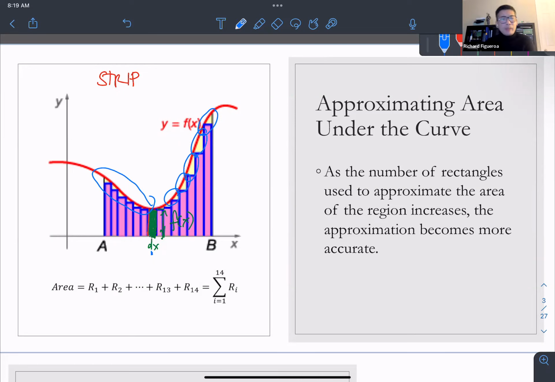Until such time that dx becomes 0, meaning the width becomes 0, the number of strips becomes infinite. If dx approaches 0 and the number of strips increases to infinity, then that could well represent the entire area bounded by the curve.